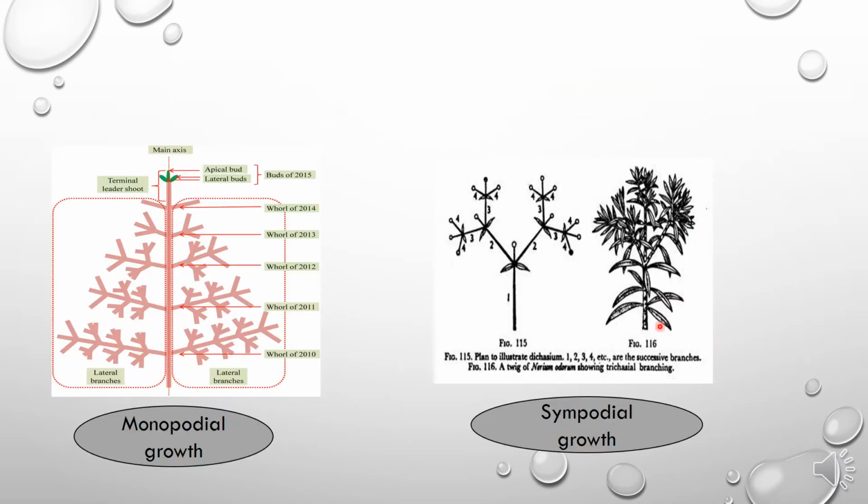Here you can see sympodial growth, or cymose branching, and how it looks. This is a diagram which represents multiparous cymose branching.